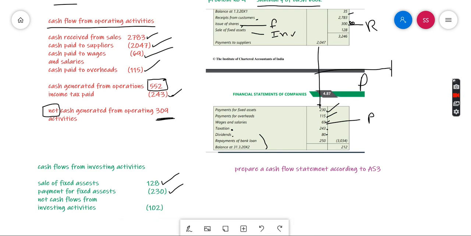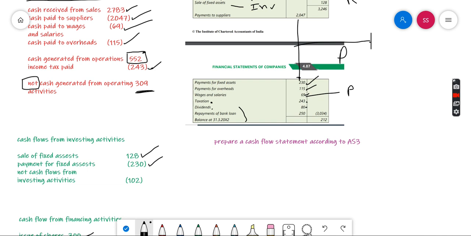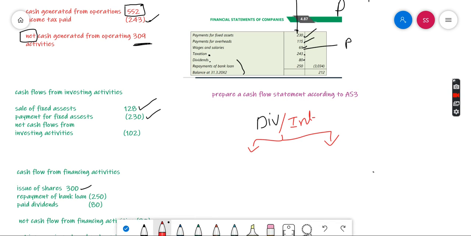Here we need to observe one thing. Dividend or interest may be paid or received. If it is paid, then this is financing activity.